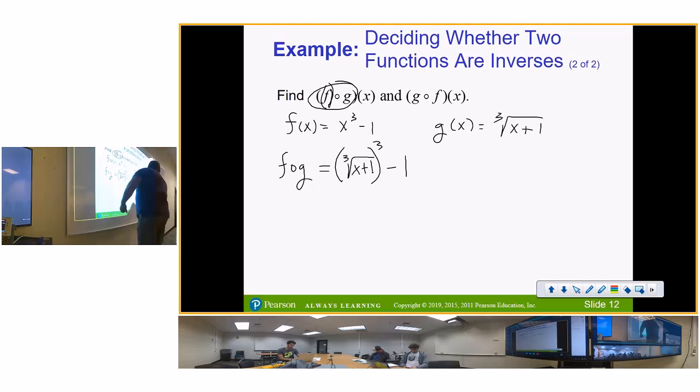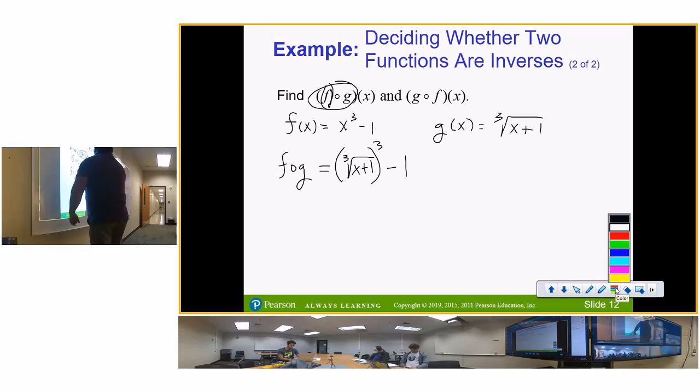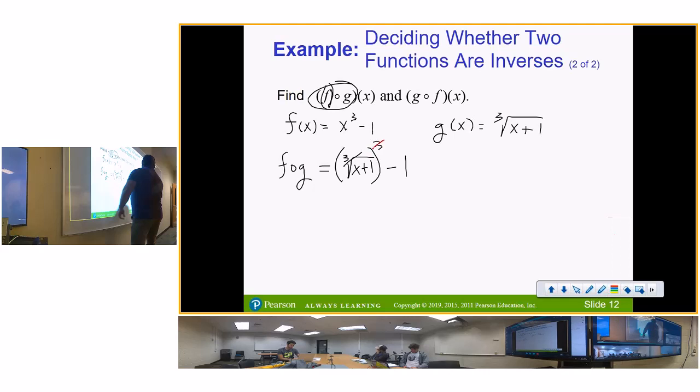And of course, the cube root and the cube cancel, and that's going to leave x. So f composed of g is equal to x plus 1 minus 1. The minus 1's cancel, and you're left with x.